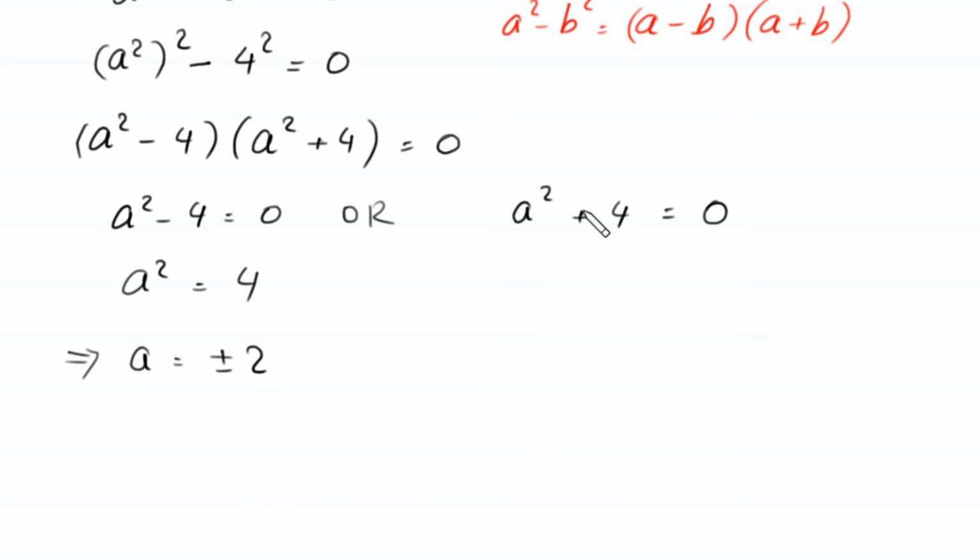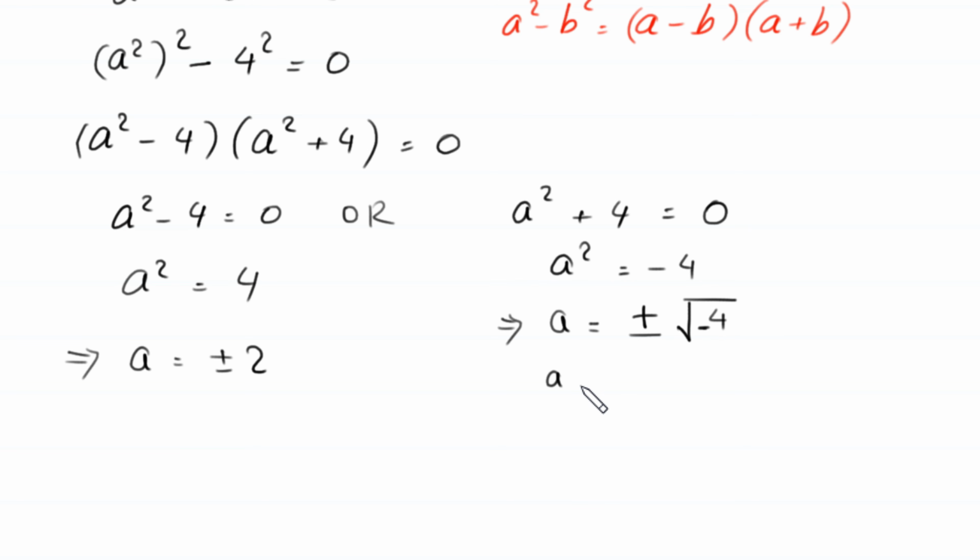Now from this equation we move this plus 4 to the right hand side, then a squared is equal to negative 4. And if we take a square root of both sides, then this implies that a is equal to plus or minus square root of negative 4.